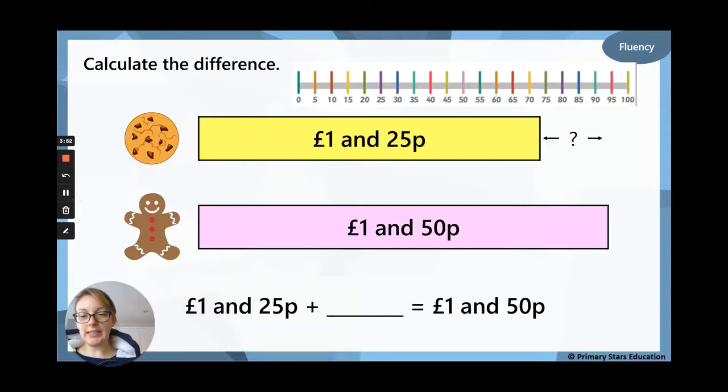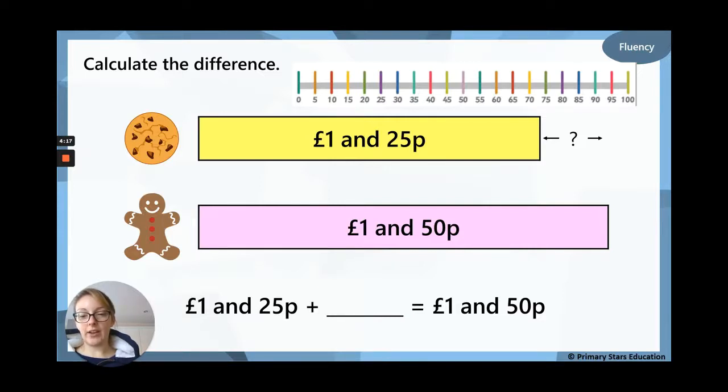Okay, let's have a look at this problem. So this time we have a cookie and it costs £1 and 25p. So it's not just pence we're looking at now, we're looking at a total with pounds and pence. So the cookie, £1 and 25p, and the gingerbread man costs £1 and 50p.